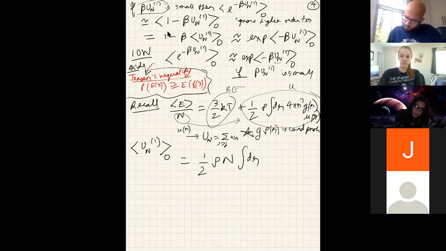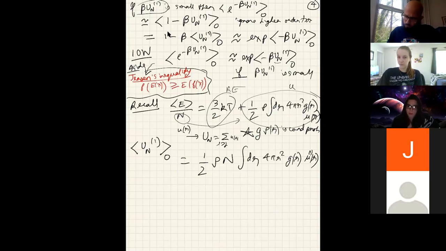So we can write it down as half rho n dr 4 pi r square g of r u of r. And we are calling u of r as u1 of r because we are interested in the perturbation. So what does this mean? What is the definition of rho?